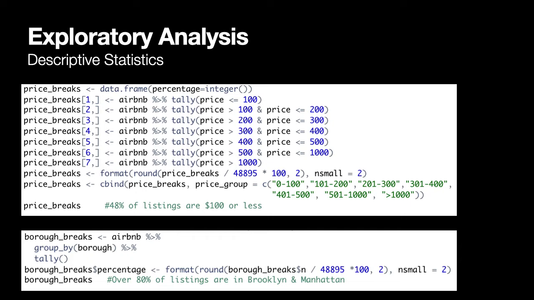So this made sense to me to get a good understanding of how the price is broken down. But secondly, you can see with something that's categorical, like the boroughs, it's much easier to just use the dplyr group by function and get the same kind of results.